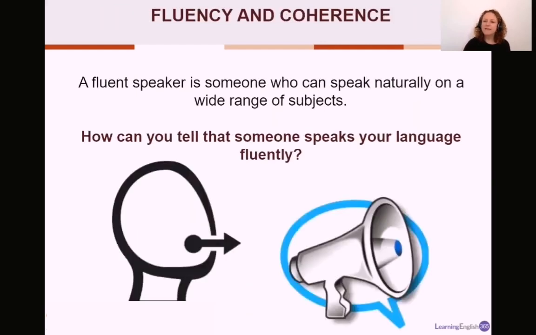Fluency and coherence, then. A fluent speaker, as I think we've established already, is someone who can speak naturally on a wide range of subjects. Going back to your language, how do you know that someone whose first language is another language speaks your language fluently?